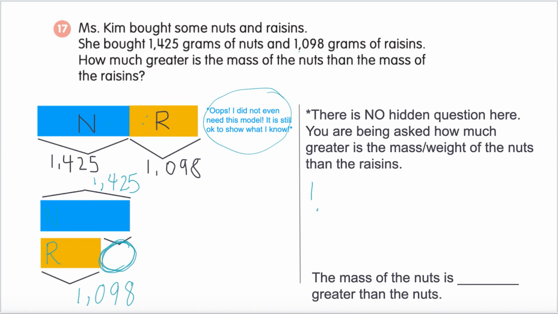1,425. I'm going to subtract the smaller mass, and that will lead me to find the difference, how much more the nuts weigh than the raisins.